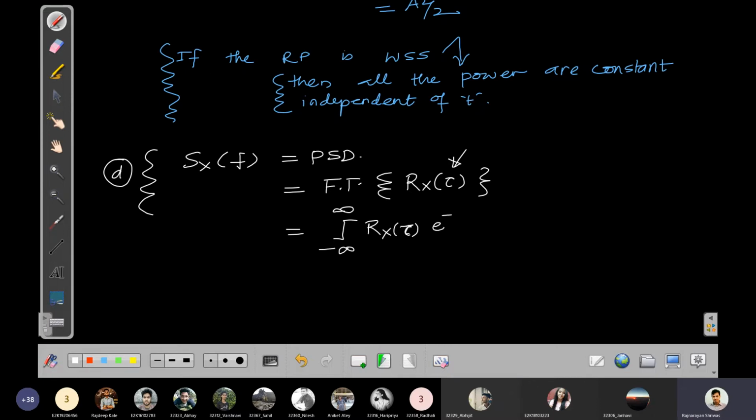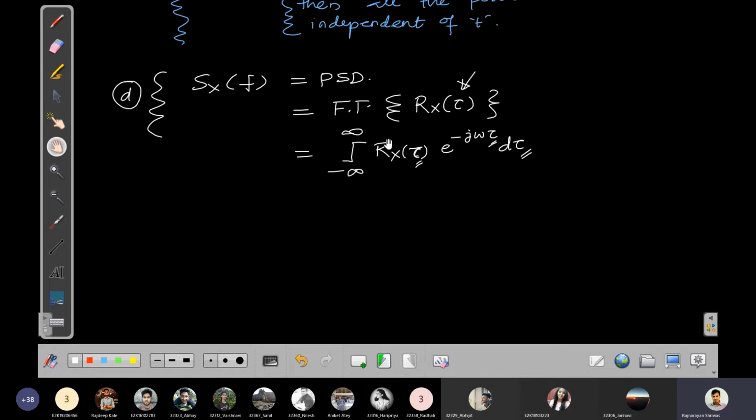So Rx(tau) e to the power minus j omega tau. Now it is tau, it's not t, and it has to be tau. So check these things. So this is a Fourier transform pair: Rx(tau) and SX(f). The Fourier transform of Rx(tau) is the power spectral density.